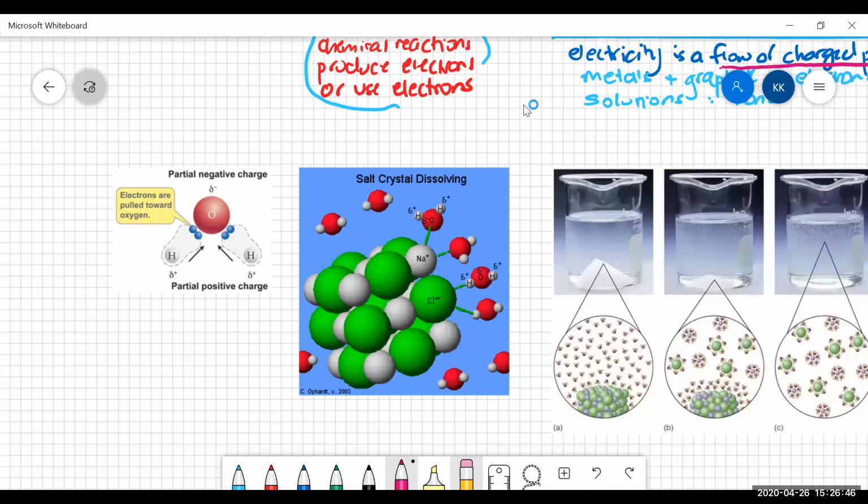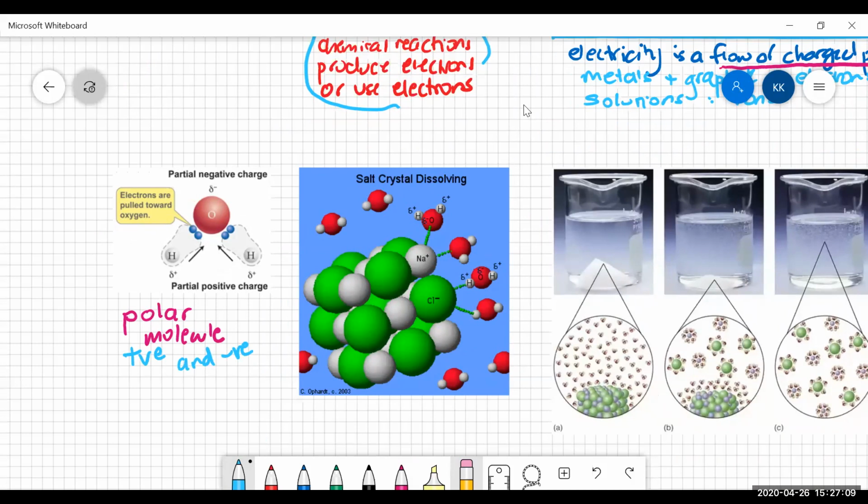Now, water is what we call a polar molecule. And that means that it's got a positive and a negative end. Now, this is not like having an ionic charge.